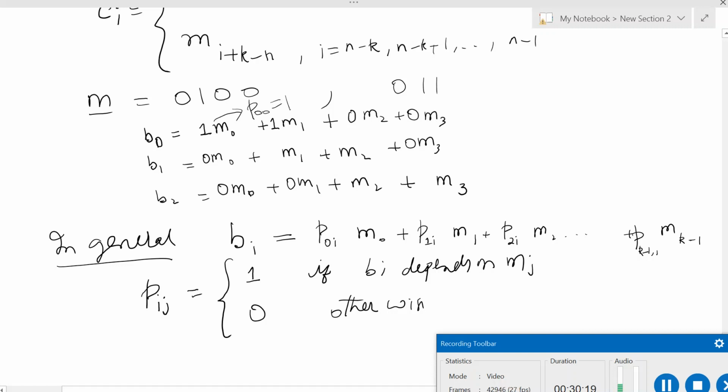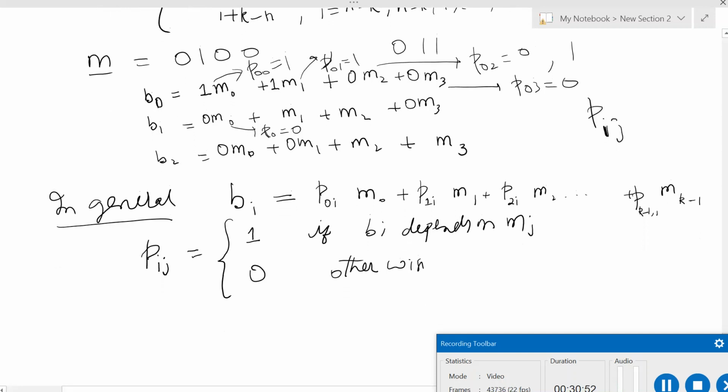It is 1. So here P01, it is also 1. But here P02 is 0. And here P03 is also 0, right? So here it is P10 is 0. P, the first I means the ith parity bit we are computing, and J means that the jth message bit, does it depend on it or not.